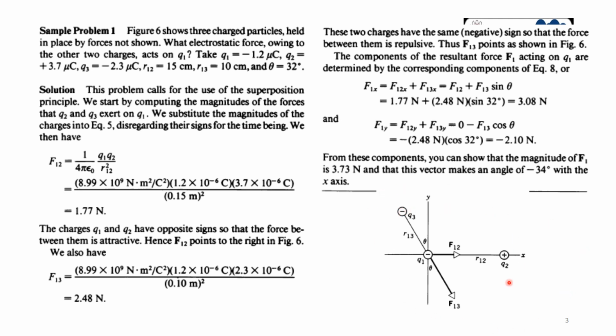This is the configuration of these 3 charged particles, and the magnitudes have also been given. Q1 is equal to minus 1.2 microcoulomb, Q2 is equal to plus 3.7 microcoulomb, and Q3 is equal to minus 2.3 microcoulomb. Because Q1 is a negative charge, Q2 is a positive charge, and Q3 is a negative charge.